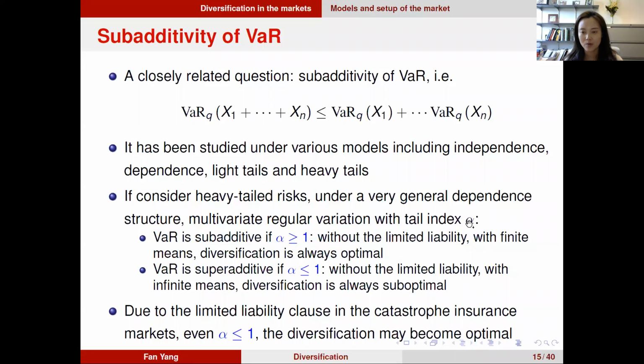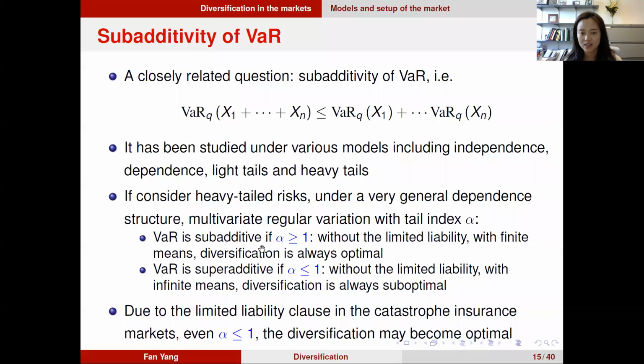With tail index alpha, it has been shown that VaR is subadditive if alpha is greater than 1. So alpha here again controls how heavy the tail is. Alpha greater than 1 means all the marginals have finite expectation, a finite mean.